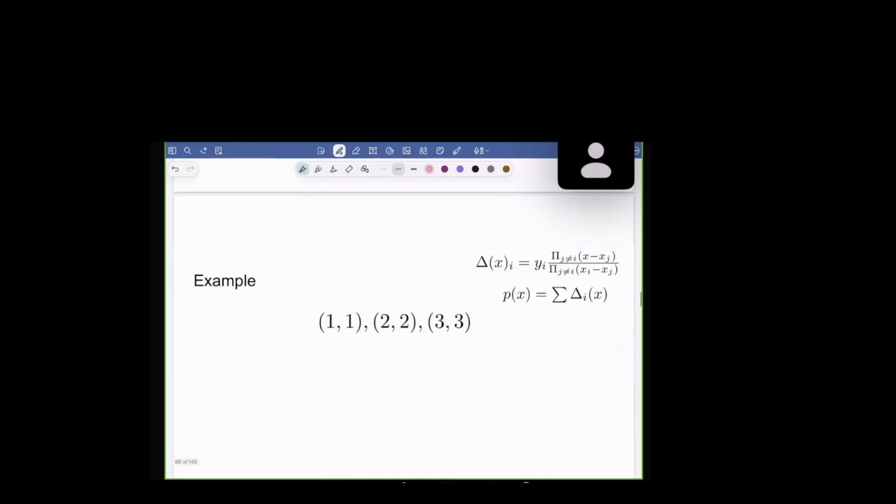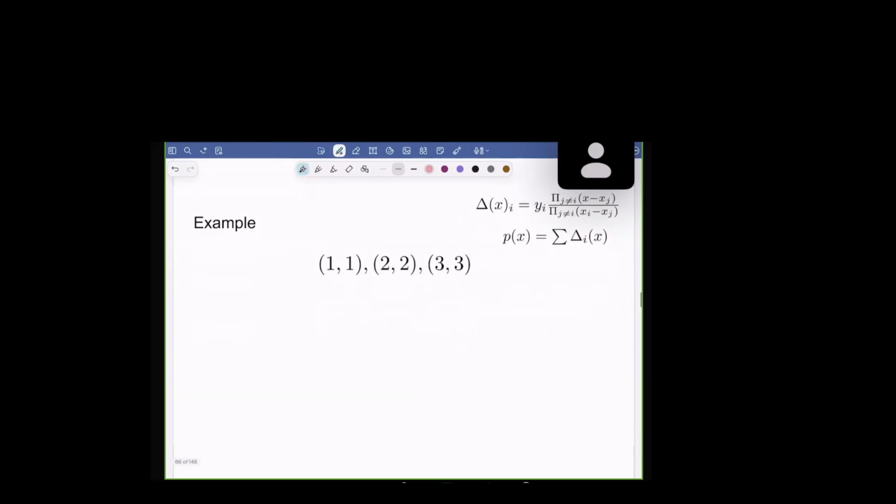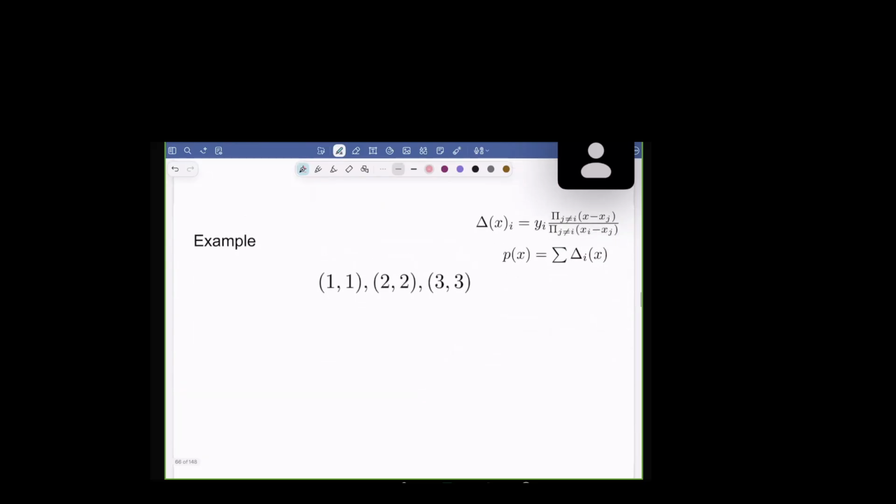And so I'm going to go through a quick example here. Based off the formula we have, we want to find each of these. So we're going to find, say, delta x1, not i. We know this is x1, this is y1. So we want y1 times x minus x2, x minus x3.